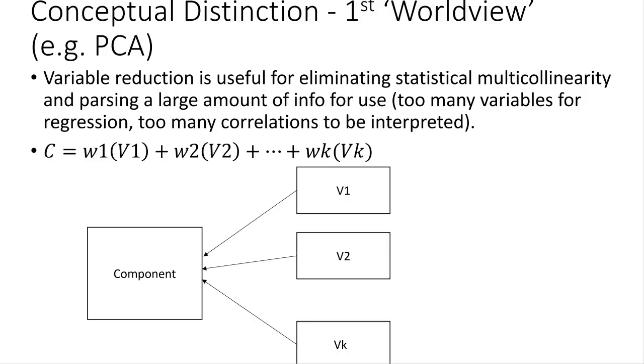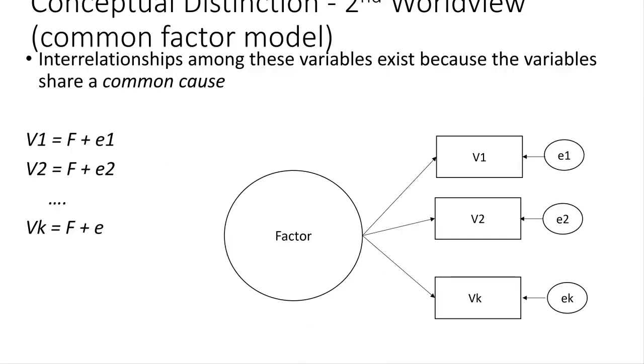And because of the direction of the arrows all pointing into the component, that tells you that what's happening is the variables are being combined in some way to produce the component. The second worldview, which we said is the one that corresponds most closely to what we do in the social and behavioral sciences, the true factor analysis, or you'll hear me say lots of different terms here, common factor model, true factor analysis, is that the interrelationships among the observed variables exist because the variables share a common cause.